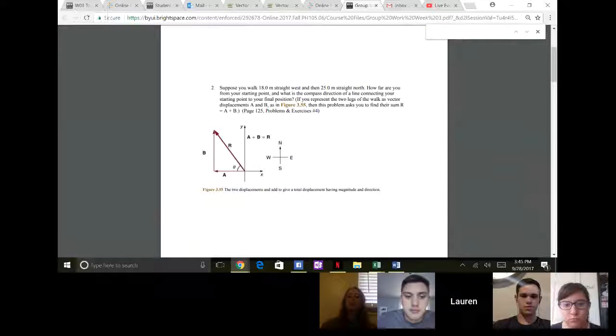How did you guys work for this one? What I did is, I don't know if this is right, but I just used the Pythagorean theorem to find R. And then after that, I took the tangent of sides A and B to get that angle. What are the answers that you got?